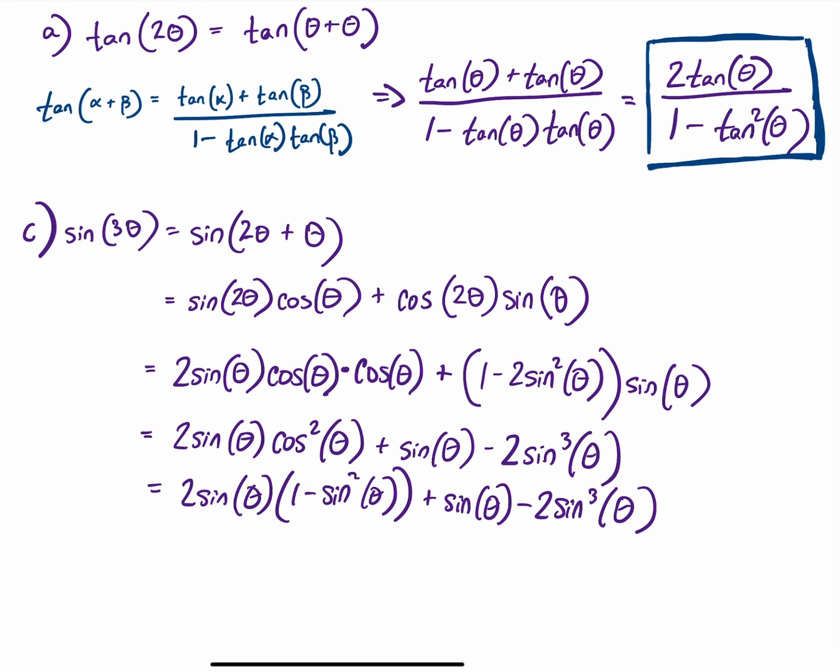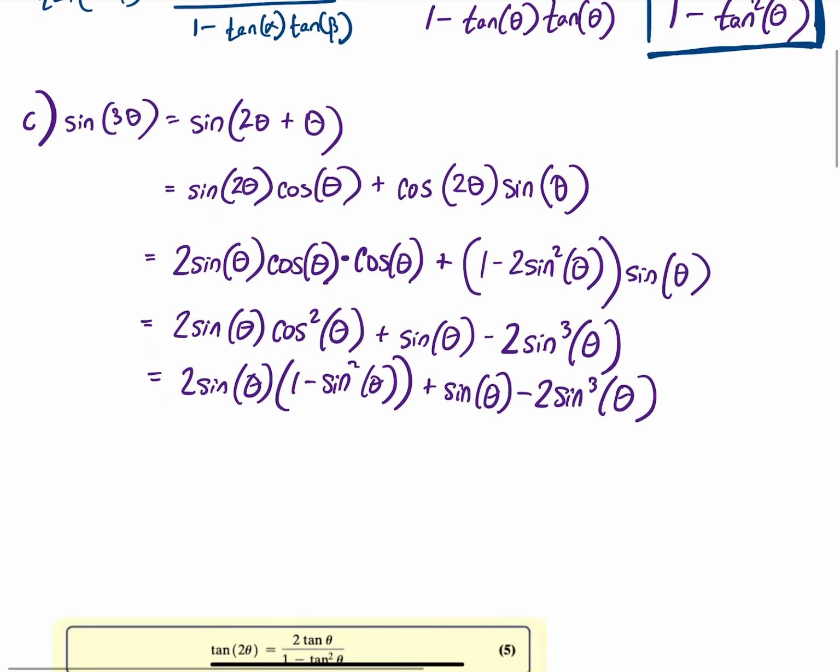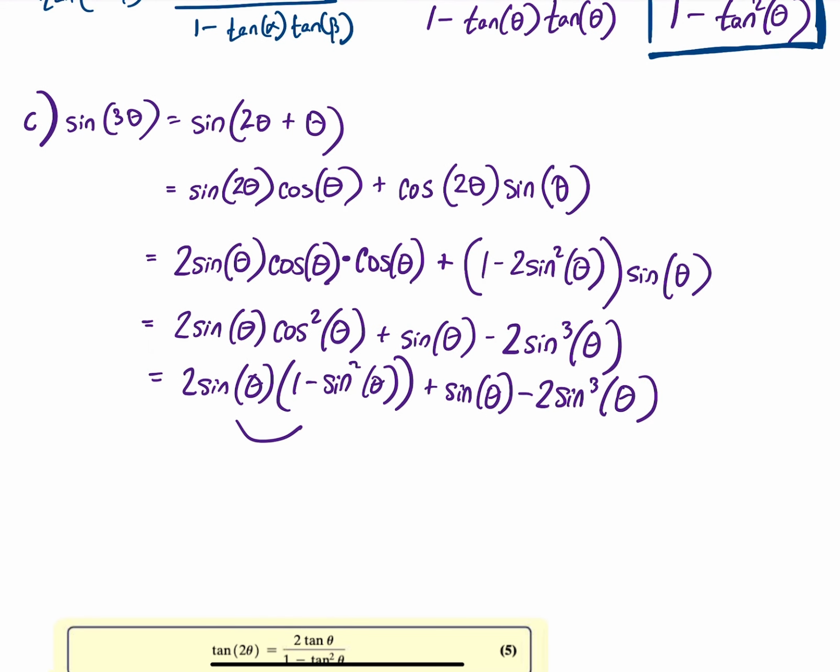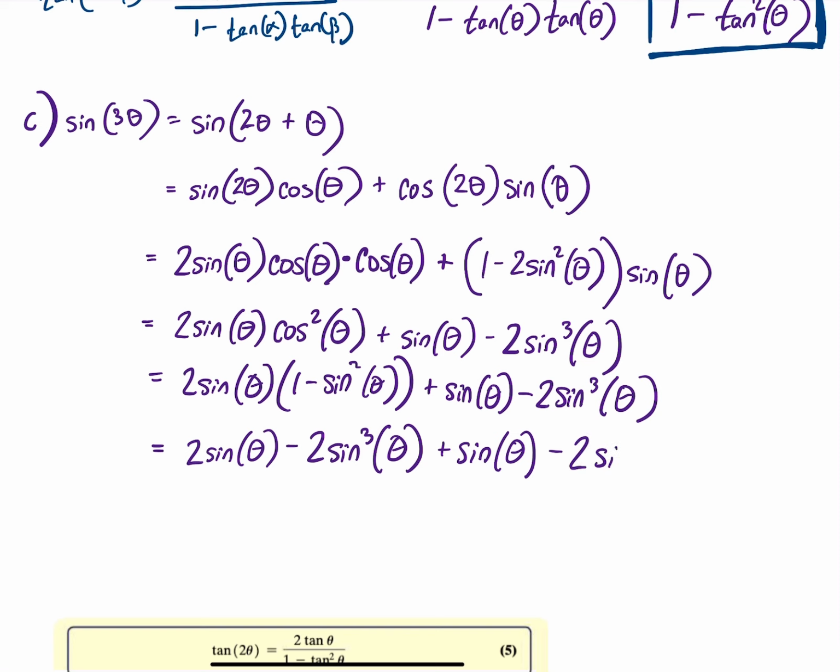And then we can distribute that 2 sine theta through to both terms. So this becomes 2 sine of theta minus 2 sine cubed plus 1 sine of theta minus 2 sine cubed.